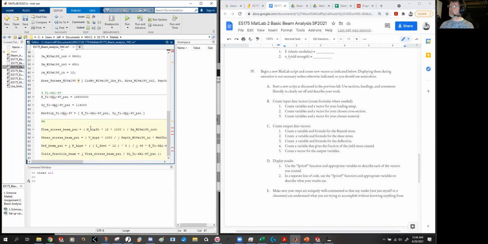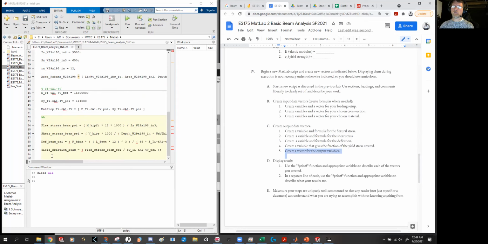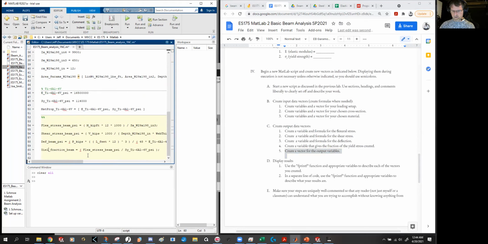Last but not least for this one, we're going to create a vector for the output variables. Oops, that should be yield, not yields. Okay, so stress vector, stress and deflection.